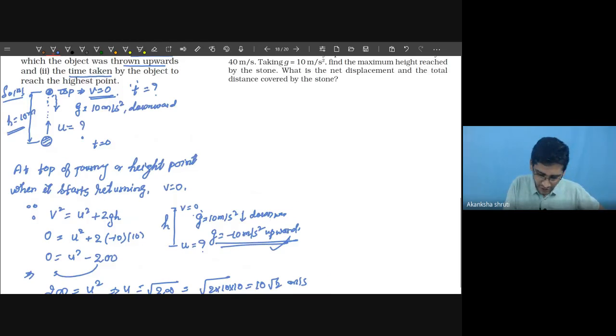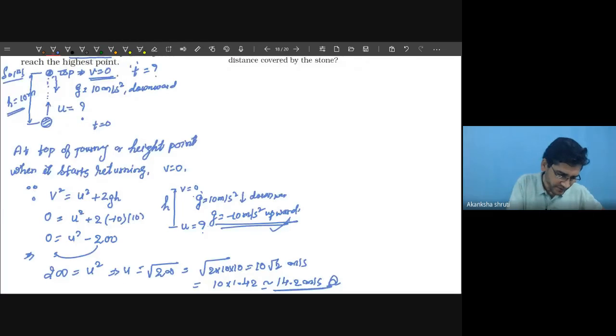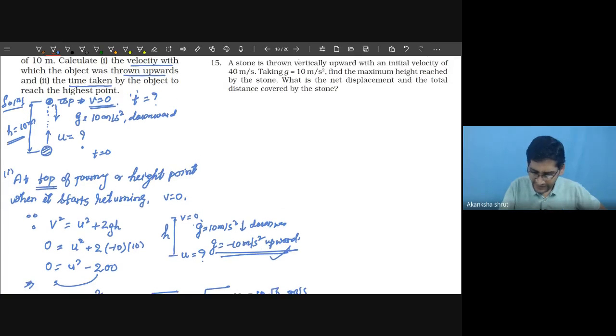Now, here it is also asked the time. So while reaching the top, how much time is it taking? That t we also need to calculate. So for the second part, v is also given by u plus gt at the top.